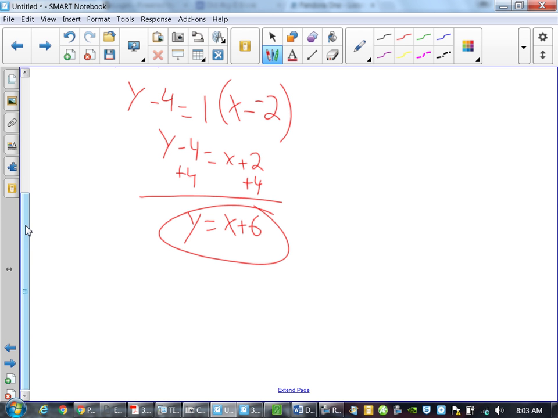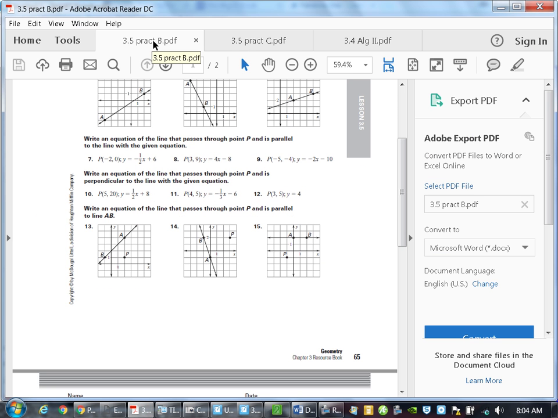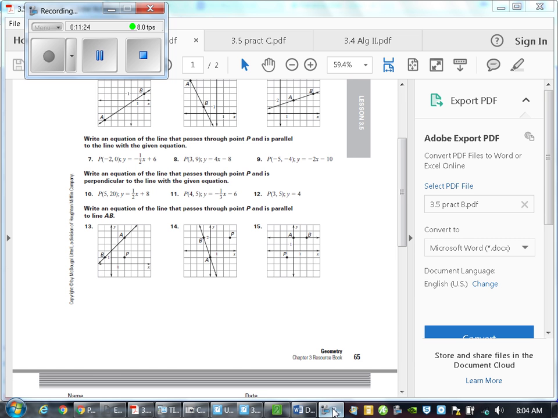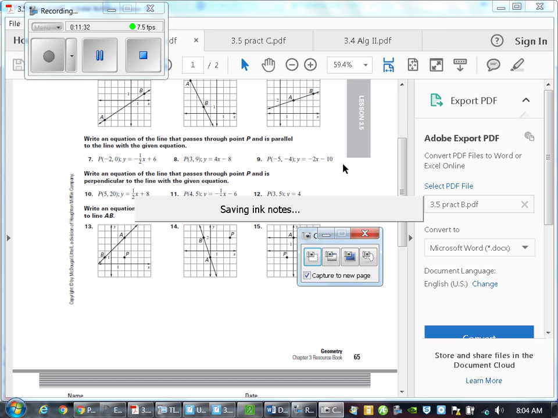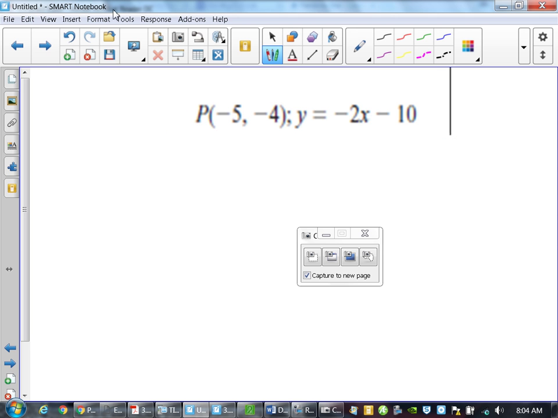Then the last little bit, as it really started to get off the rails, if you will, is when we started doing stuff like this. There we go. Write the equation of a line that is parallel.